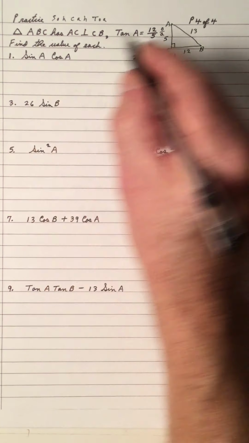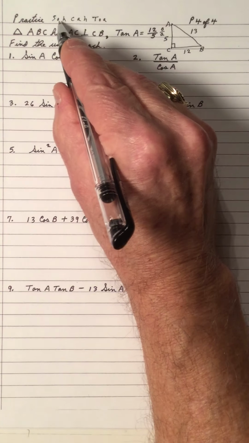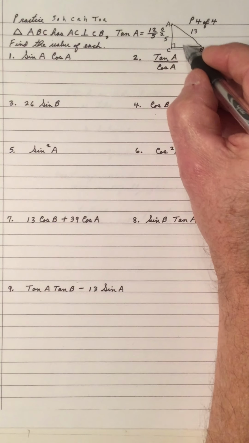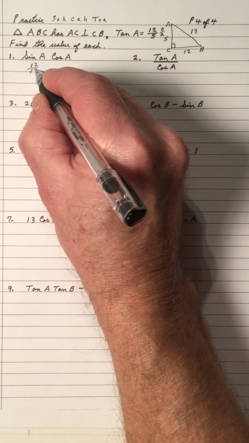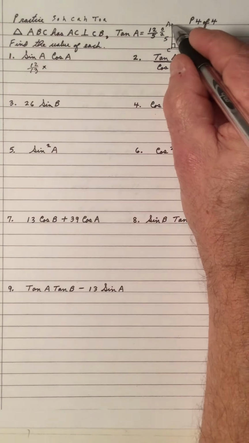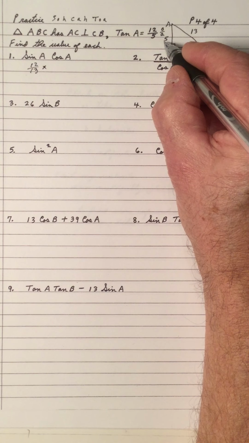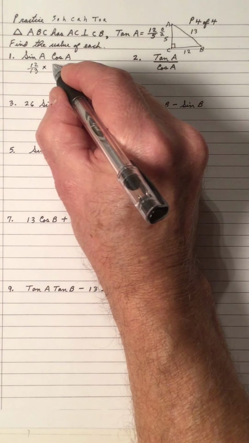So let's work these out. The sine of A, sine is opposite over hypotenuse. Opposite over hypotenuse is 12 over 13 times the cos of A is, cos is adjacent over hypotenuse, so it's 5 over 13.